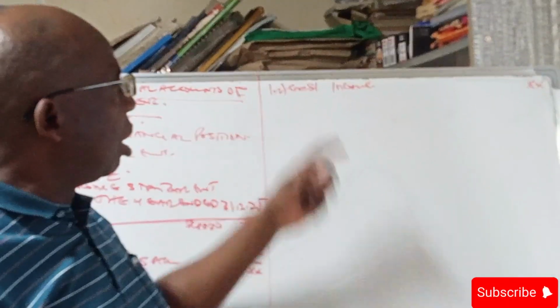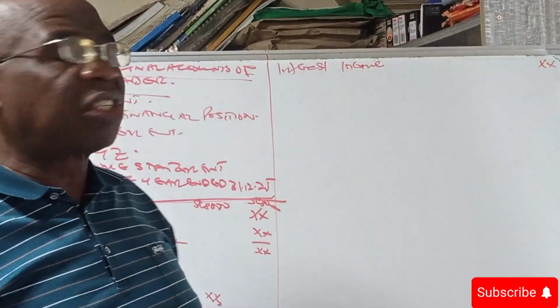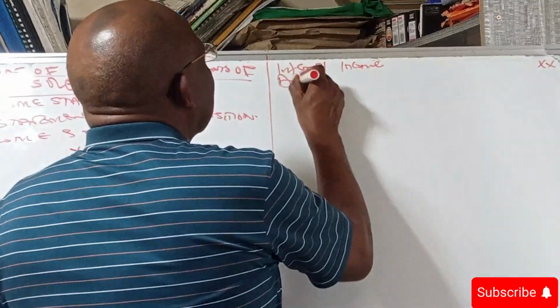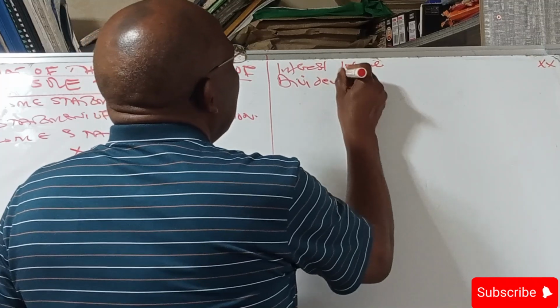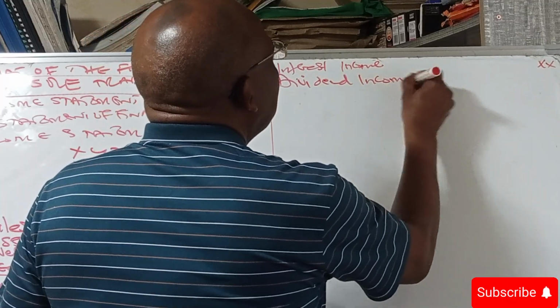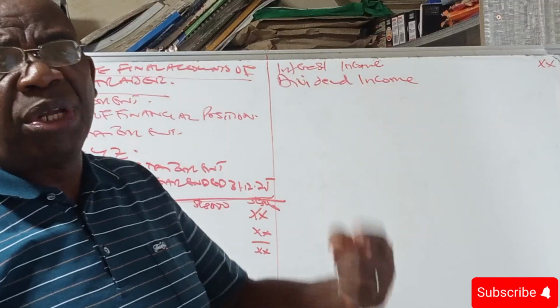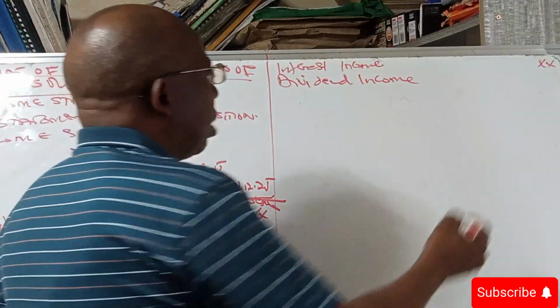So at the end of the period we are given interest income, or even dividend income. We invested in one of the blue chip companies, and at the end of the period we've been given dividends.